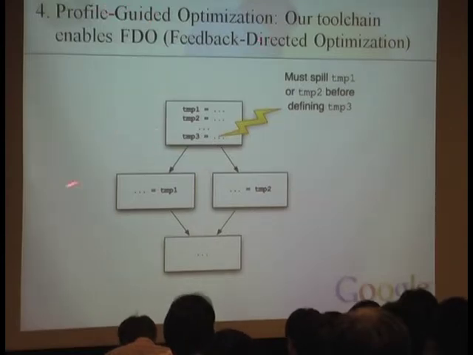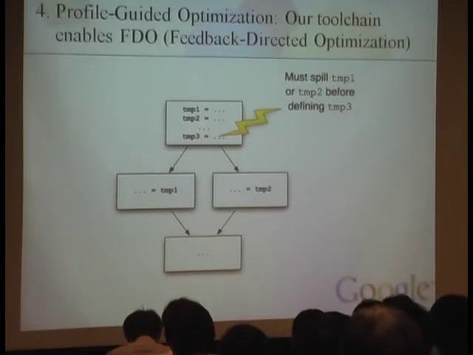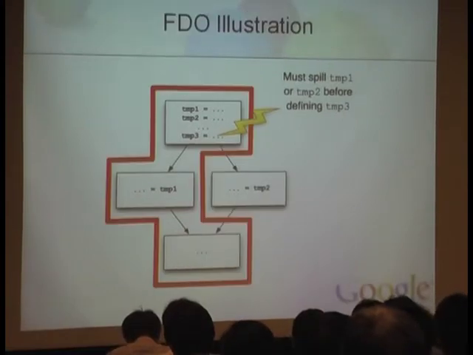So the key thing is that if you need to spare temp 1 or temp 2 before temp 3, say if you run out of registers in your ARM processor, how do you know which one you should spare?